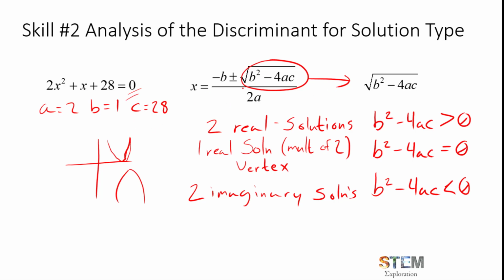So in this specific instance, if you want to check whether this has one real solution, 2 real solutions, or 2 imaginary solutions, you just plug in the discriminant. So let's test it here.